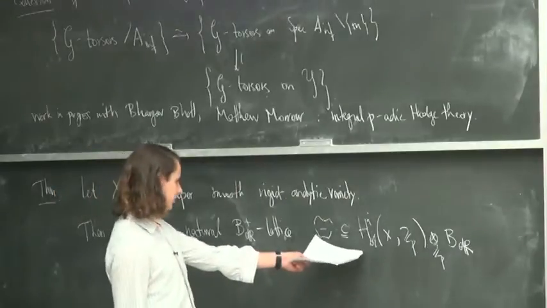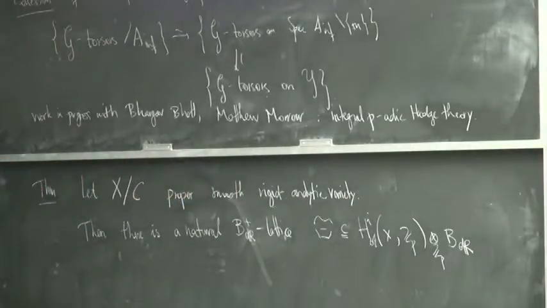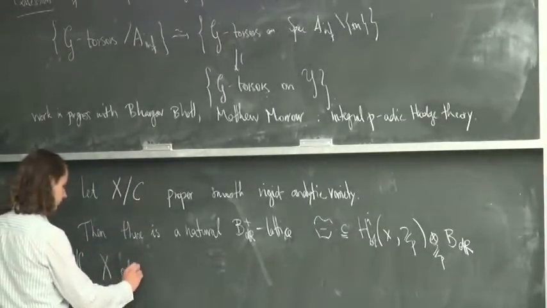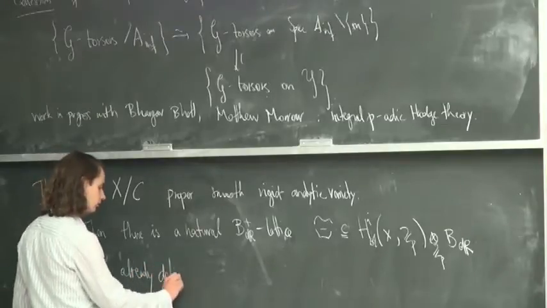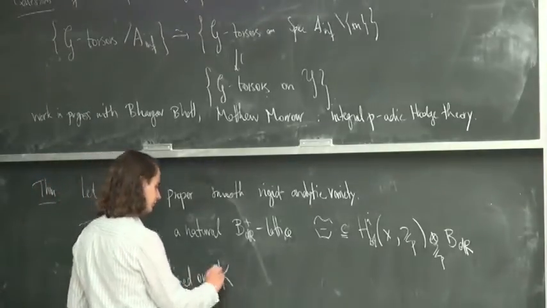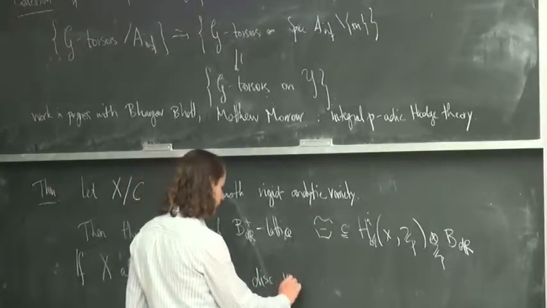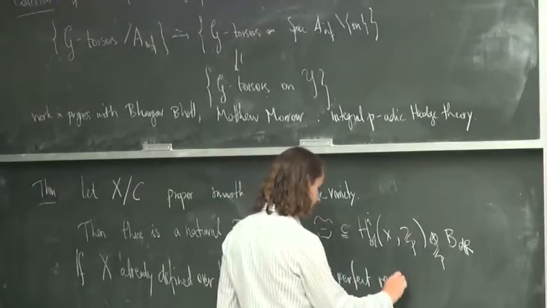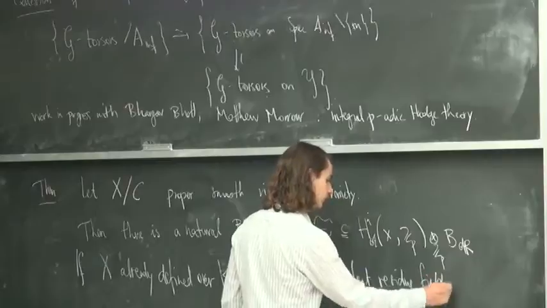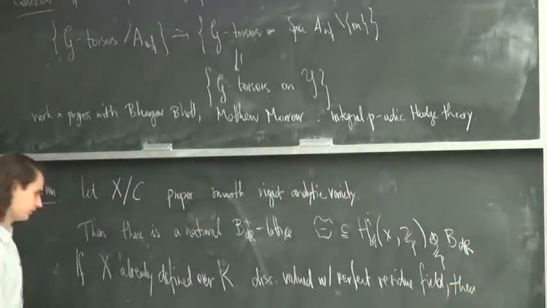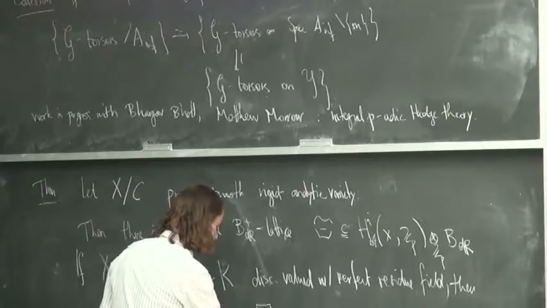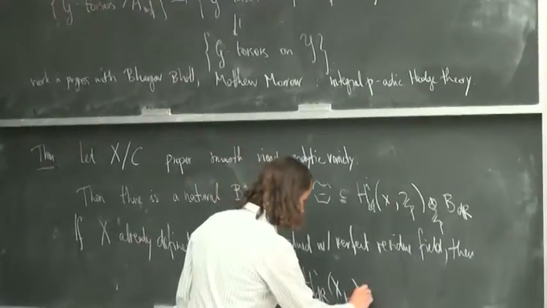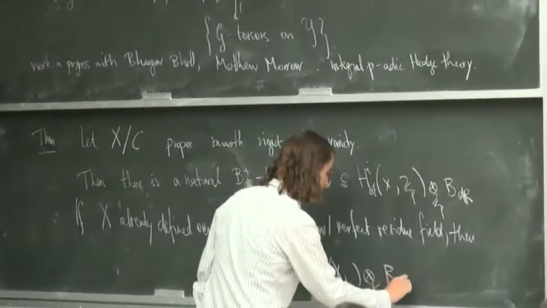And so by my paper with Peter Scholze, this is some finitely generated B_dR^+-module, so it's a nice situation. If X is already defined over K, which is discretely valued with perfect residue field, then this psi is really just what you get from the de Rham cohomology of this model X over K, and then K maps into B_dR^+.